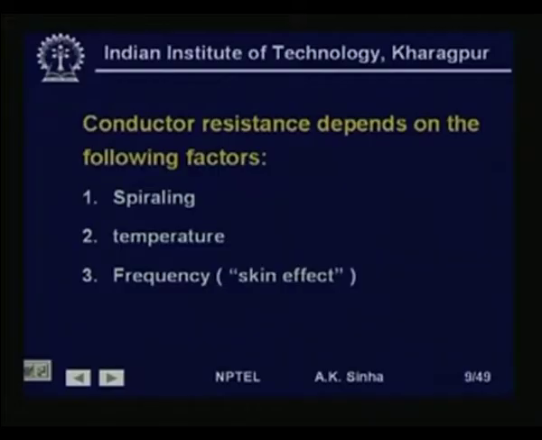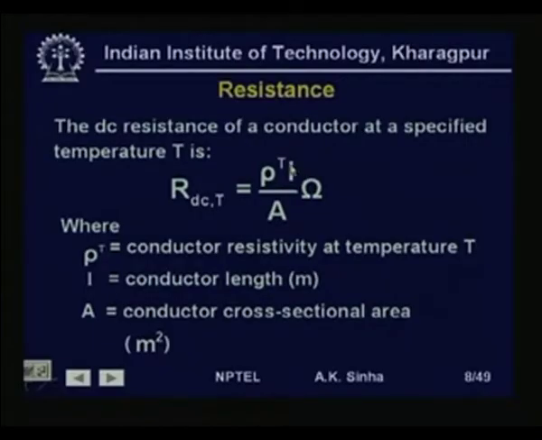Therefore, the effective resistance of the line will be somewhat larger than what we will calculate by taking the line length. This is mainly because this L here, the actual L, will be larger than the line length.